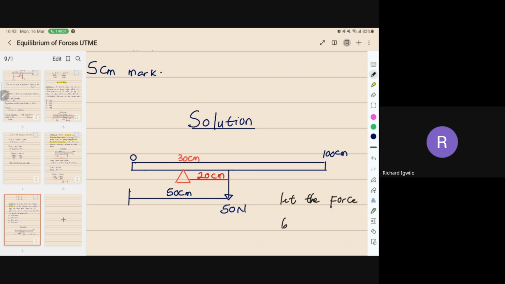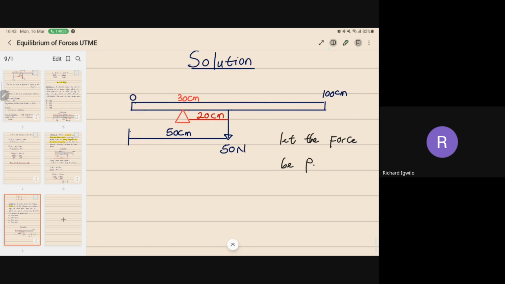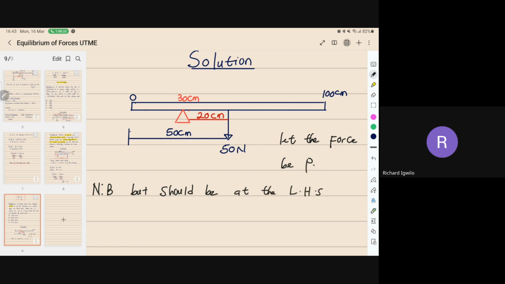Let the force be P, but it should be on the left-hand side of the knife edge.